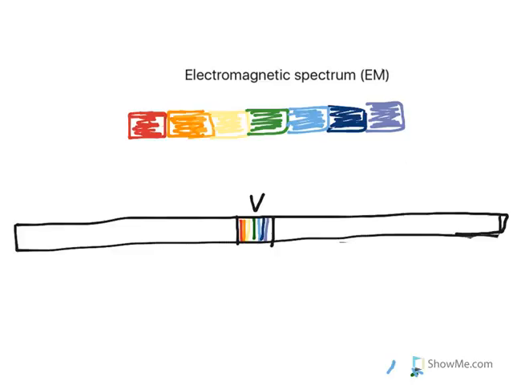So we have on the very one end, radio waves. So we'll put radio in here. And then you've got infrared waves, then the visible waves, and then you've got the ultraviolet rays, which I'll just give the little letters UV.